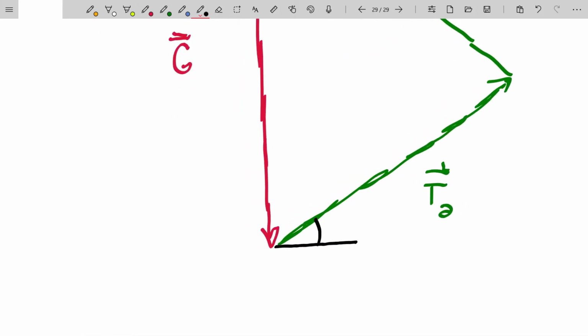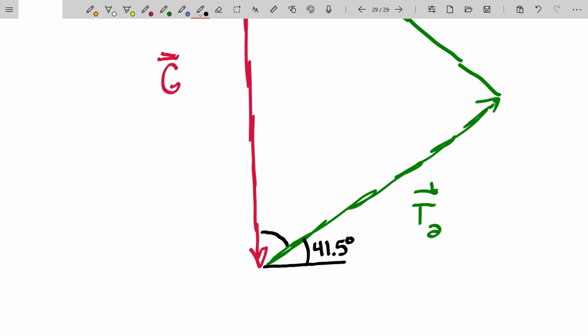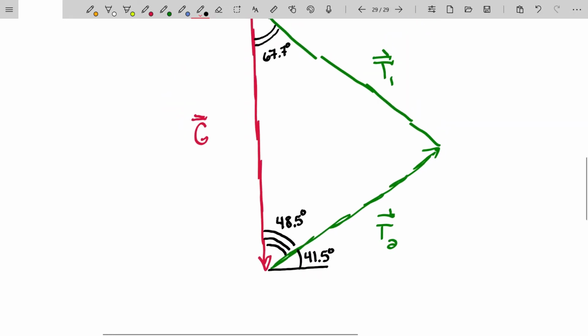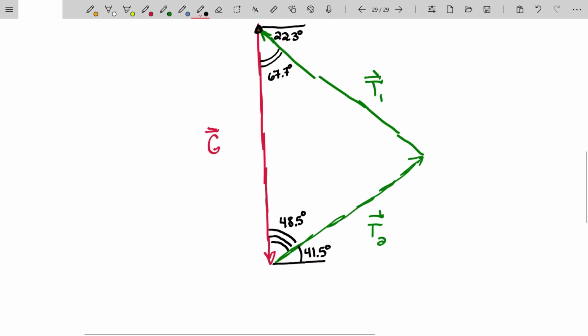And I'm going to say this is 41.5 degrees, which means the remaining part of this 90 degree angle is 90 minus the 41.5 degrees, which is going to be 48.5 degrees. Okay, so far so good, I hope. Now we don't need the extra angle. We're good.